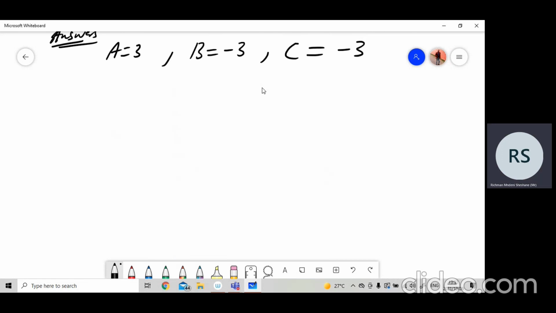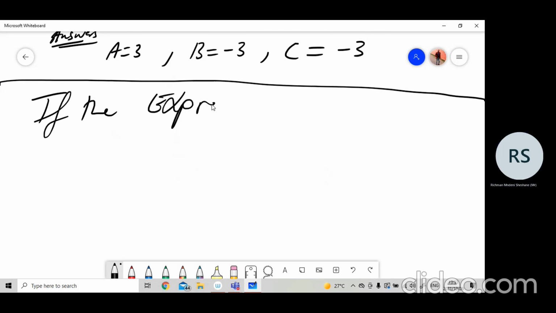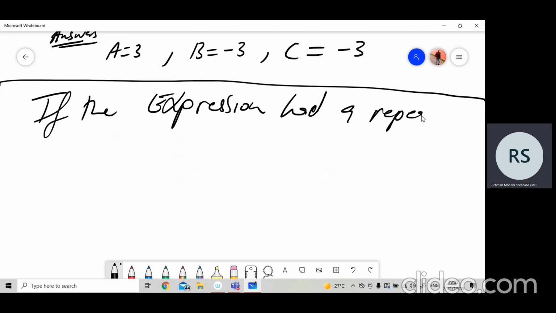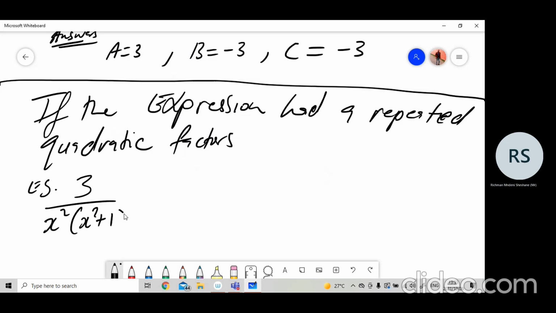For example, let's see if we have a repeated quadratic in the denominator.